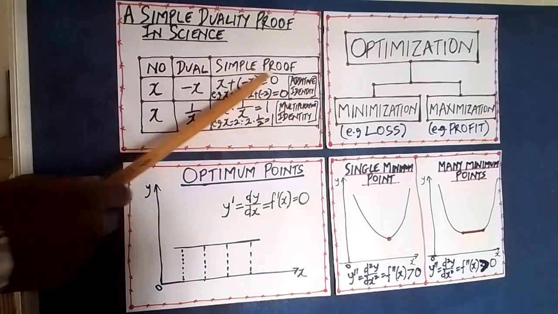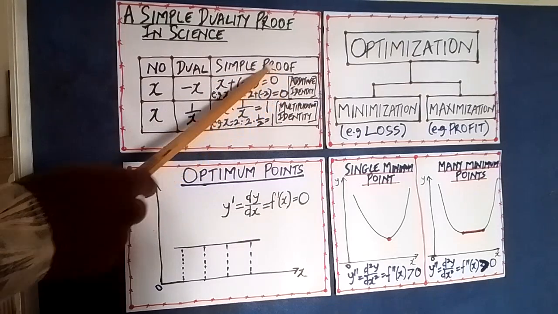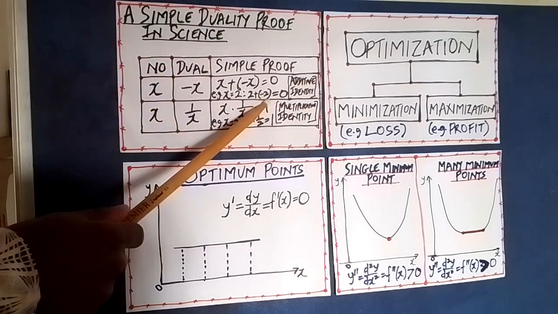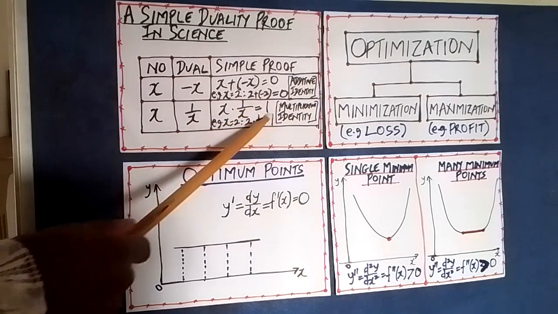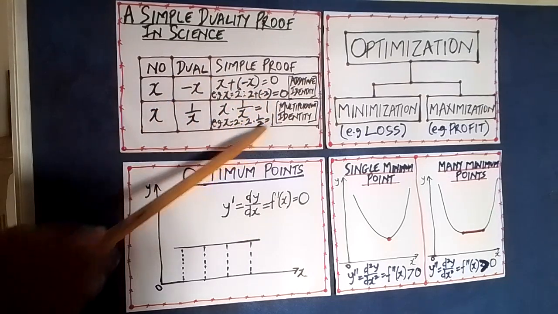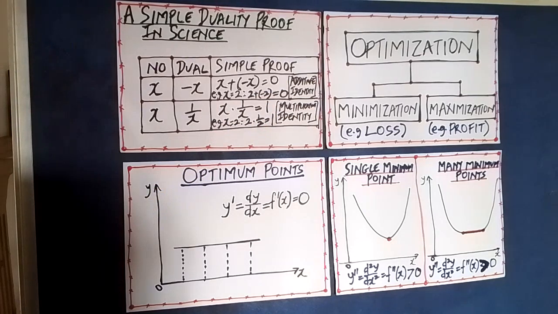The reason is that 0 is the identity with respect to addition in mathematics, and 1 is the identity with respect to multiplication in mathematics. And that is why when you multiply any number by 1, you are going to get that number. Okay?